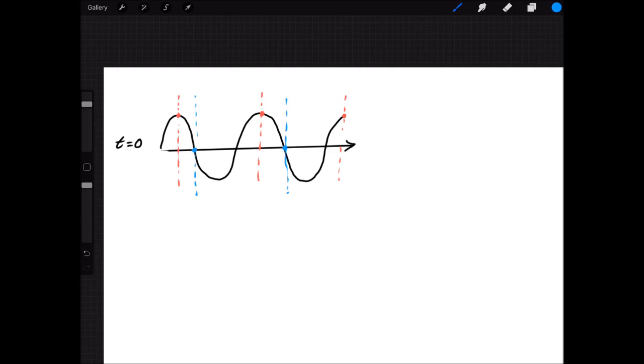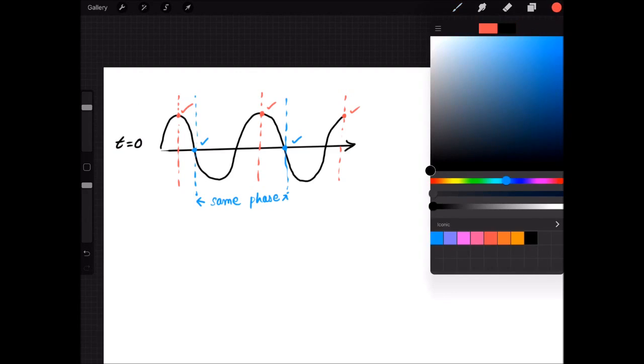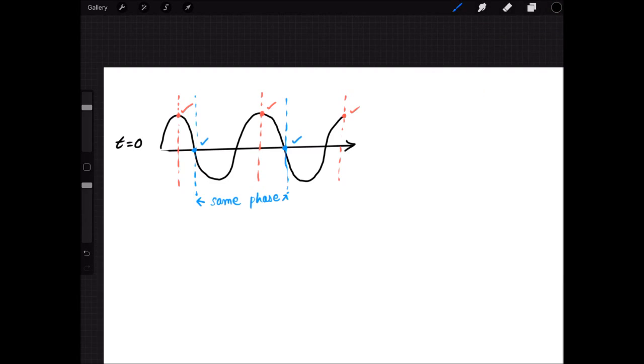So these particles, say this one and this one, experience the same type of disturbance. So these are in the same phase. Also, similarly, this particle, this and this would be in the same phase. So we define these planes that I just drew through the particles that are of the same phase as wavefronts. So these are all wavefronts.